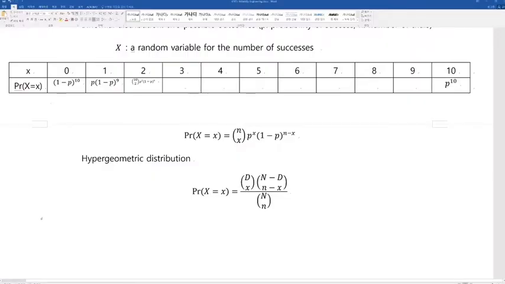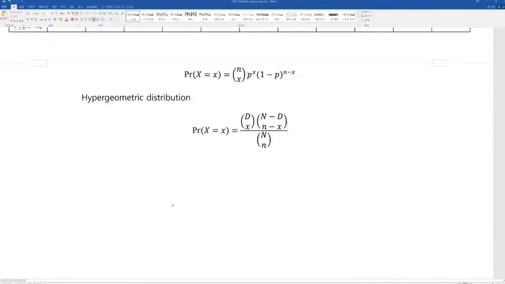Lastly, we need to explain the Poisson distribution. That will take some time. So at this point, I would like to take a break until 4:30. So we are going to have a 15-minute break.